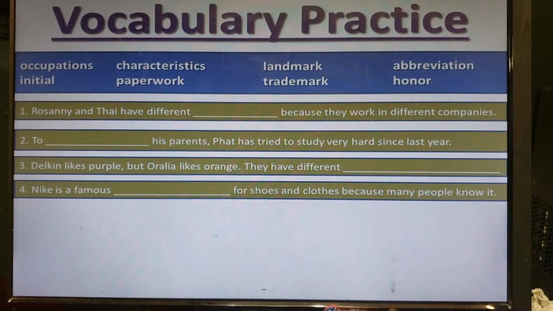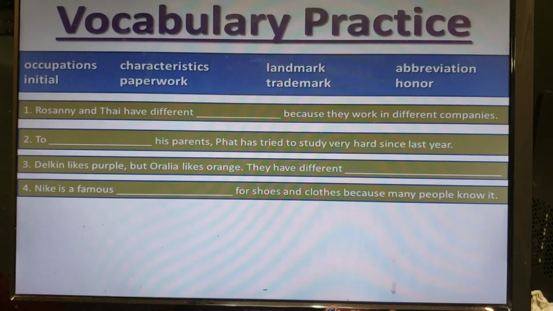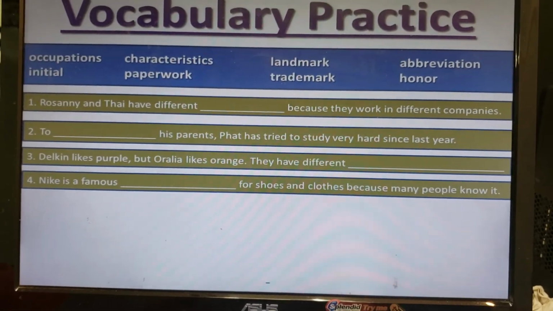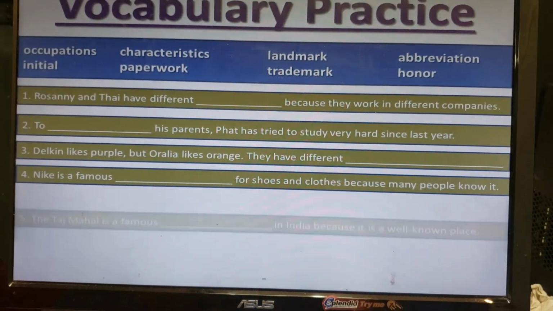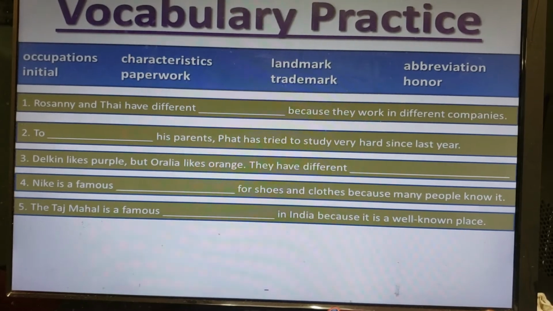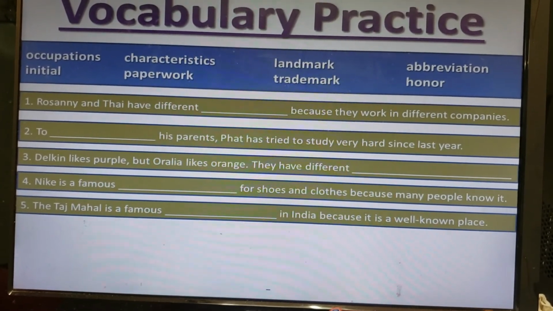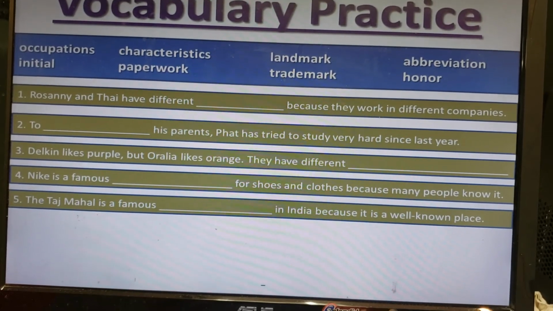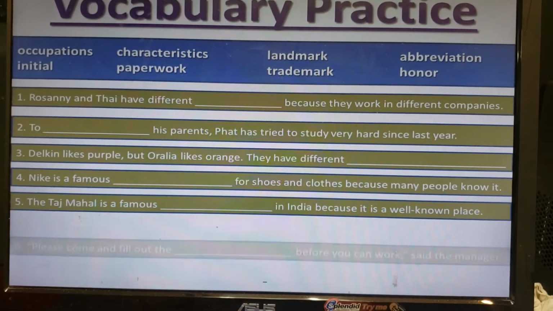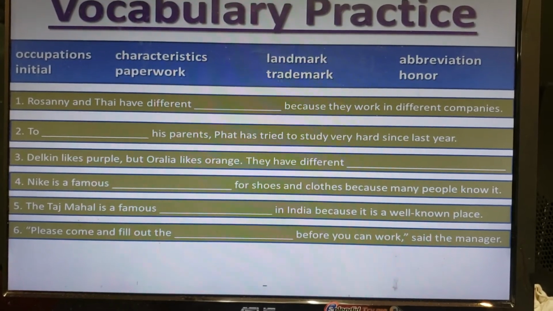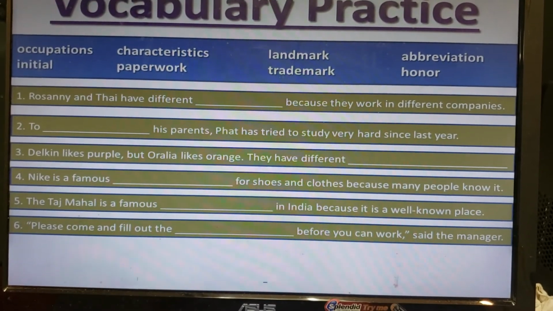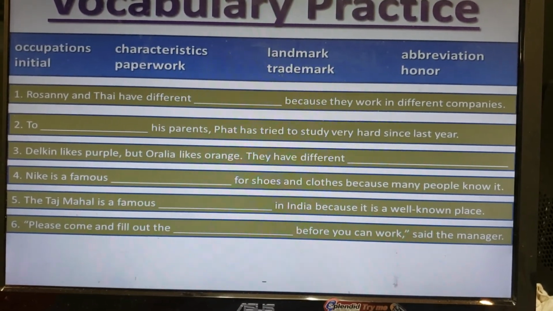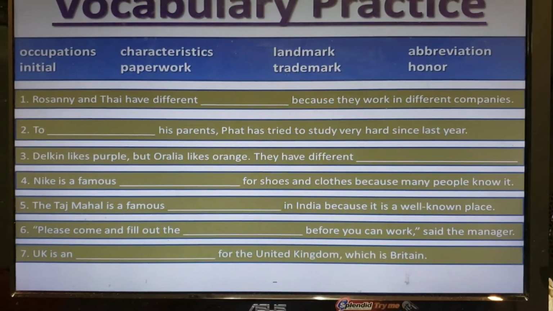Nike is a famous blank for shoes and clothes because many people know it. The Taj Mahal is a famous blank in India because it is a well-known place. Please come and fill out the blank before you can work, said the manager.